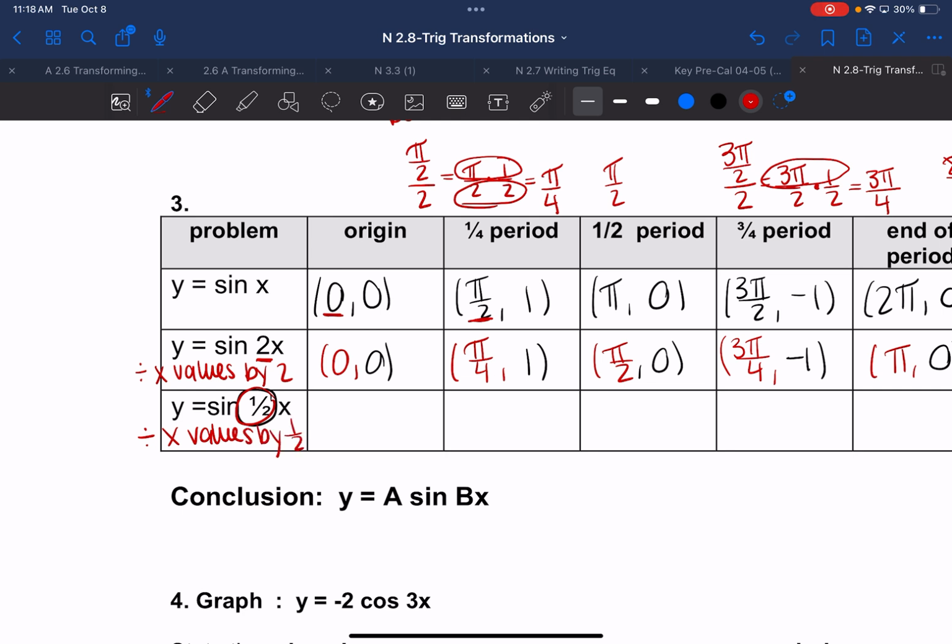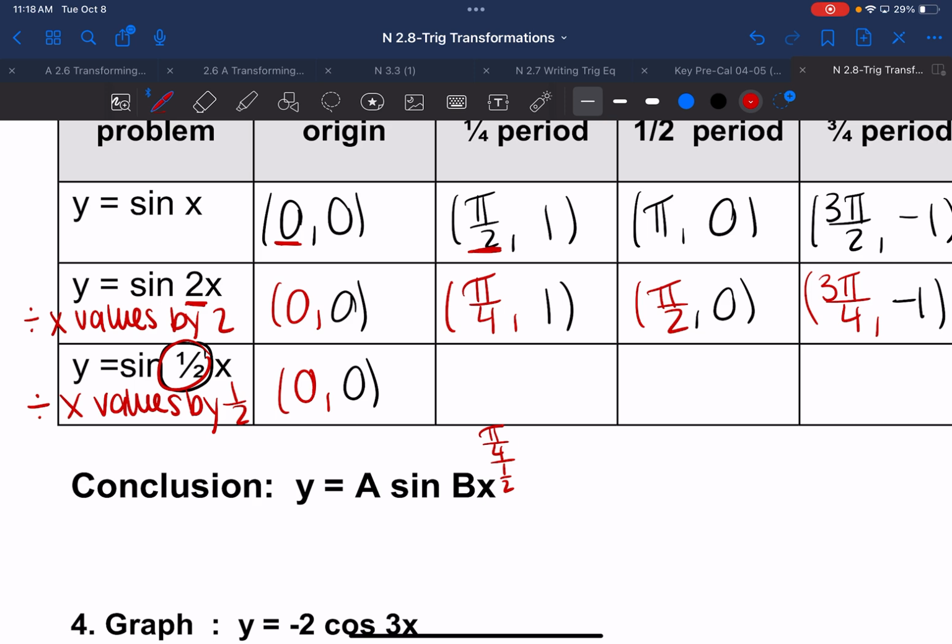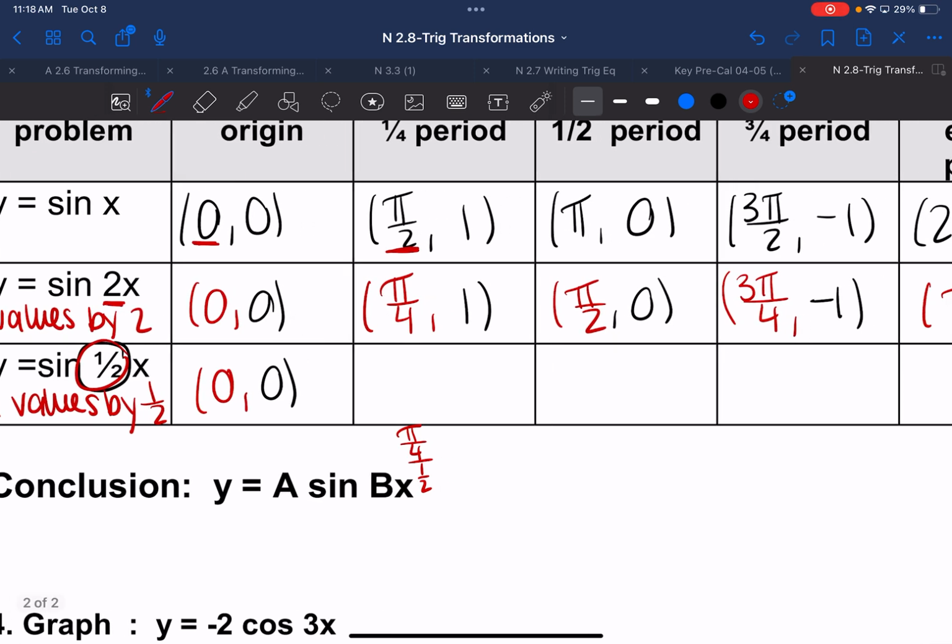All right. So 0 divided by anything is still 0, so that one's not going to change. Okay. Then I'm going to have pi halves divided by 1/2.